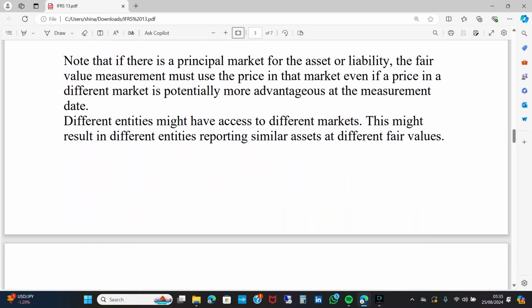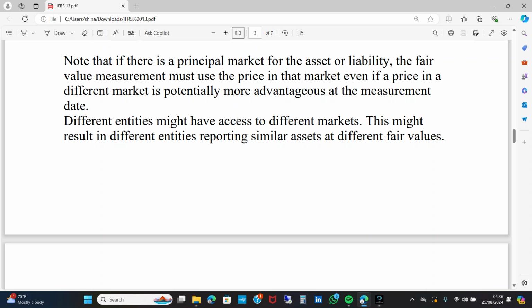When you are measuring fair value, you first look for a principal market. That is the market they are selling it in the highest level and volume of activity. So that's the market you are going to use. It's only if you don't have or cannot identify a principal market, that means all the markets are trading almost at the same volume and frequency, and we cannot identify one that is traded at the highest amount.